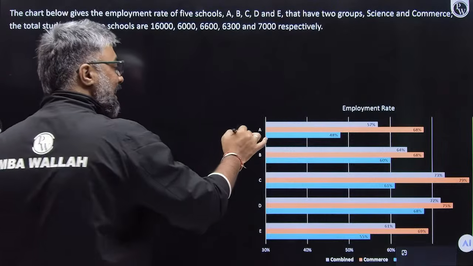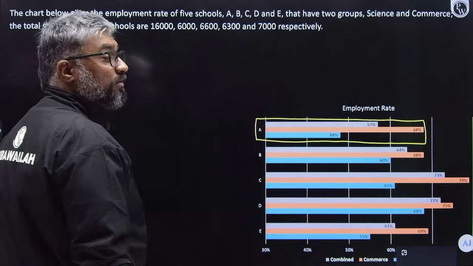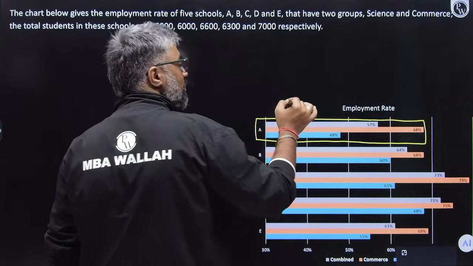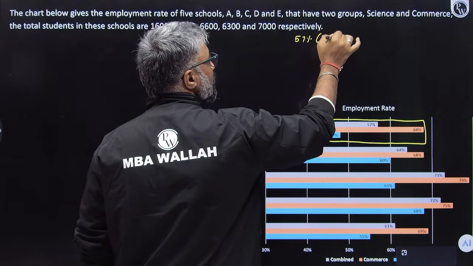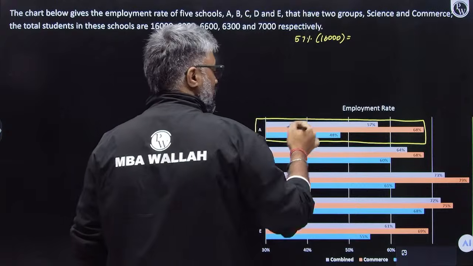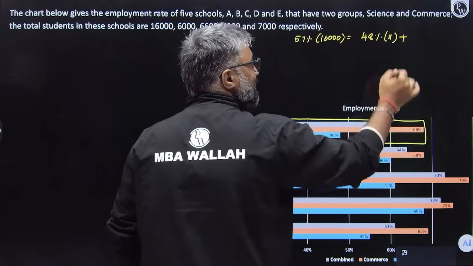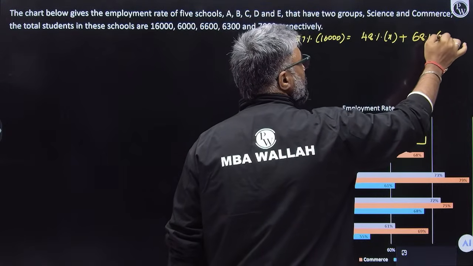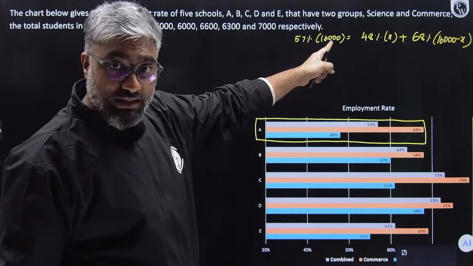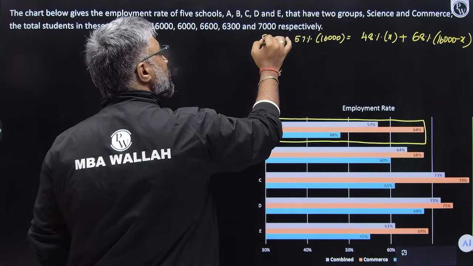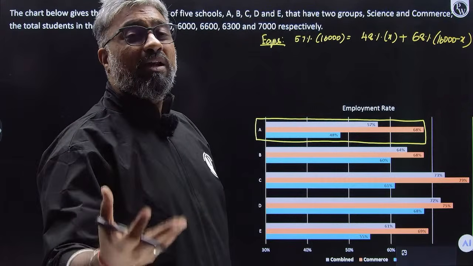How? For school A, instead of doing this equation, what was the equation? 57% of 16,000 is equal to 48% of X plus 68% of 16,000 minus X. I can either do this using equations, but this might be a little lengthier, more complicated one.